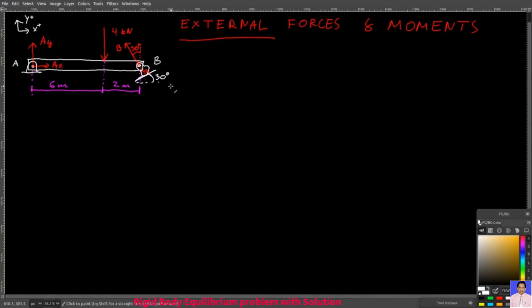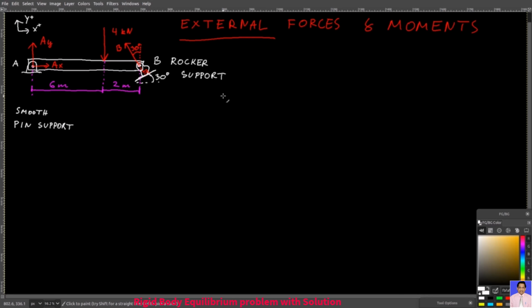You see, there are different kind of supports that generate reaction forces in different direction. For example, our beam has two types of supports. The one at A, it's called a smooth pin support, and the one at B, it's called a rocker support.